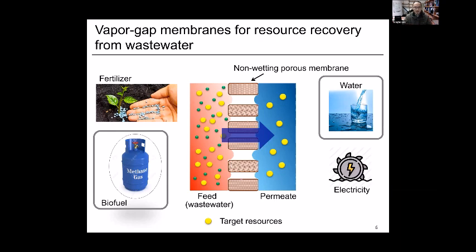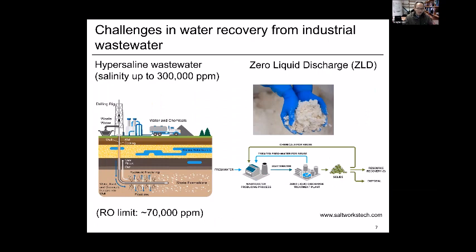So first, water recovery from wastewater using this vapor gap membrane is particularly important to treat industrial wastewater. Many major industries, such as the oil and gas industry, produce very highly saline wastewater. For example, the shale gas produced water, its salinity can go up to almost 300,000 ppm, which is way higher than the treatable limit by reverse osmosis.